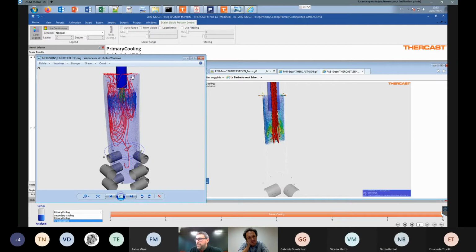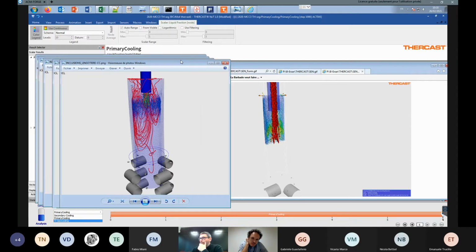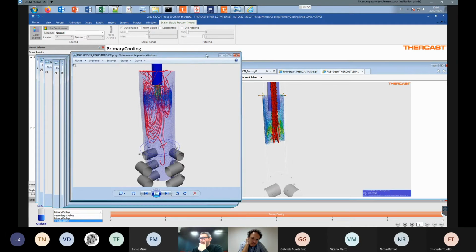See if they are well blocked, let's say, at this step, or if they stick in the solid. So that's something we are doing.